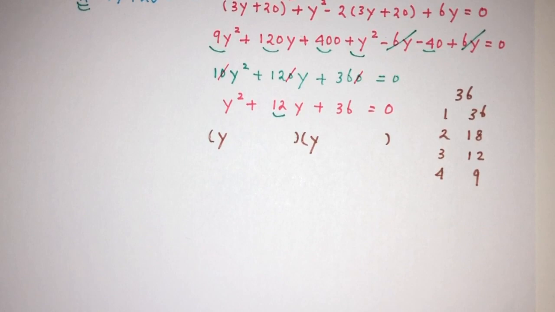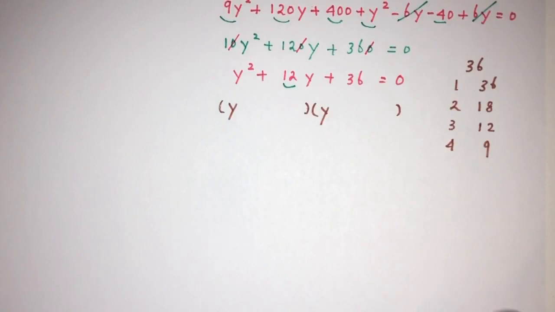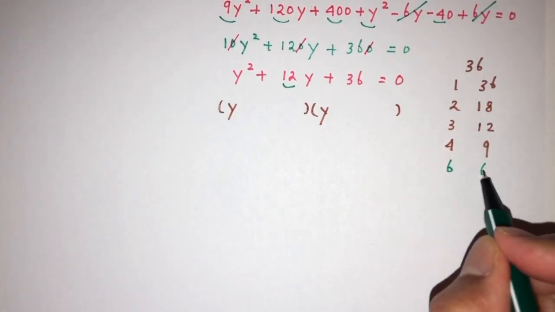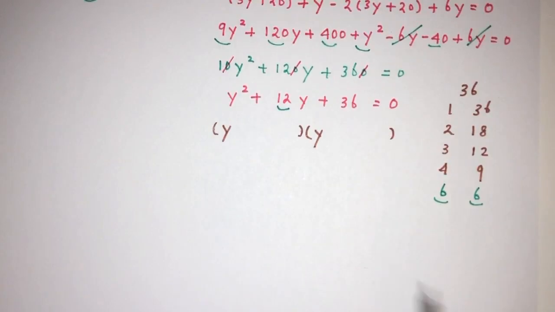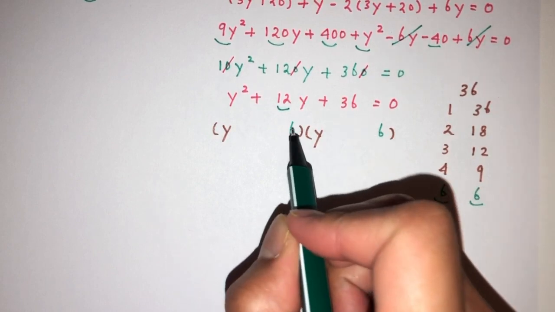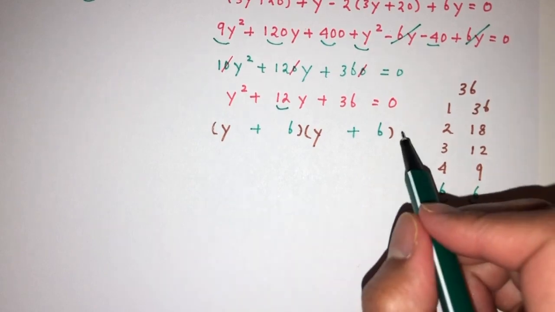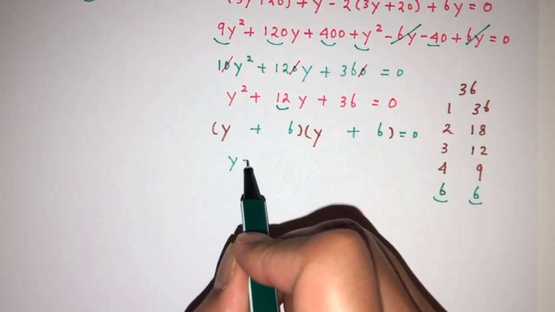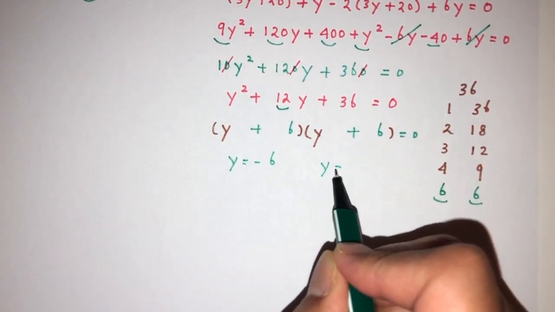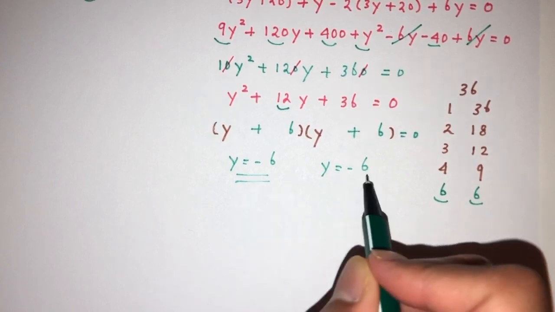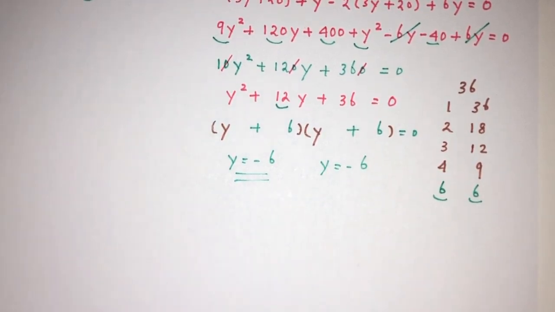So let's see, what can we use here? So this one not possible, not possible. Also we have 6 times 6, we forgot this one. So this one will be perfect. You put 6 here and 6 here, plus 12 will be plus and plus, if that makes sense. So y will be minus 6, y will be minus 6. So we have only one point, which is this, because they're the same thing. We won't take 2, obviously.